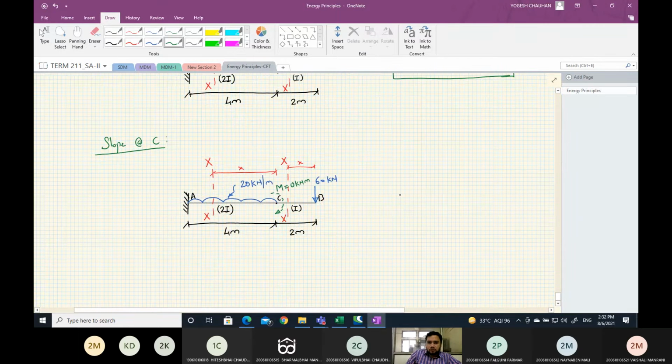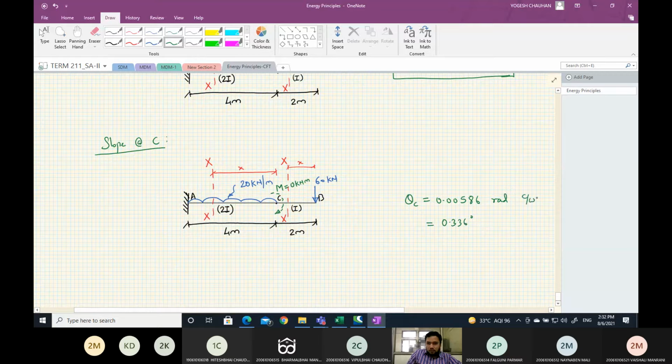And this value theta C is equal to 0.00586 radian, and in degree it is 0.336 degree.